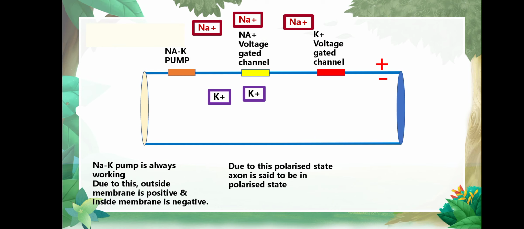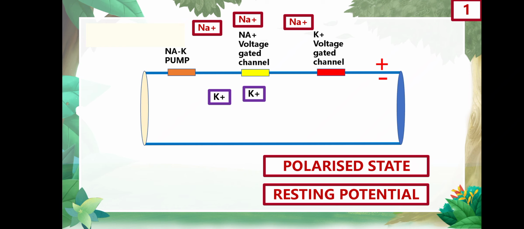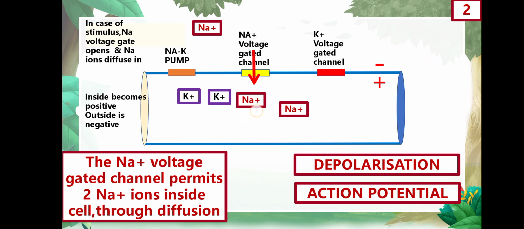Outside, the sodium ions are greater, and inside the concentration of potassium ion is less. So this creates a polarized situation. This is said to be the polarized state, and this polarized state is also known as the resting potential.